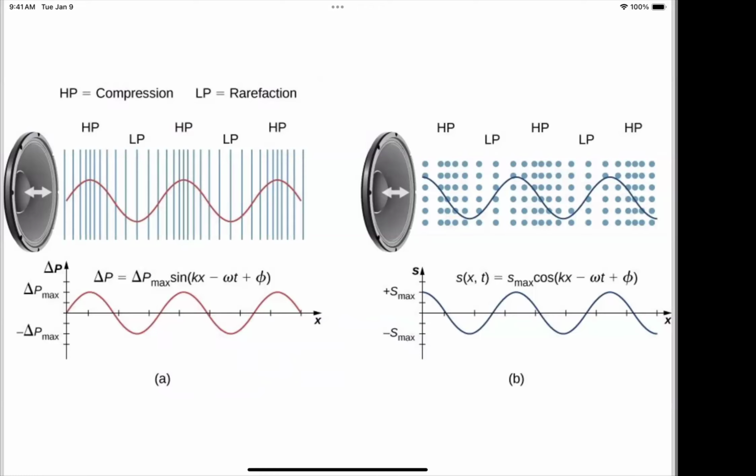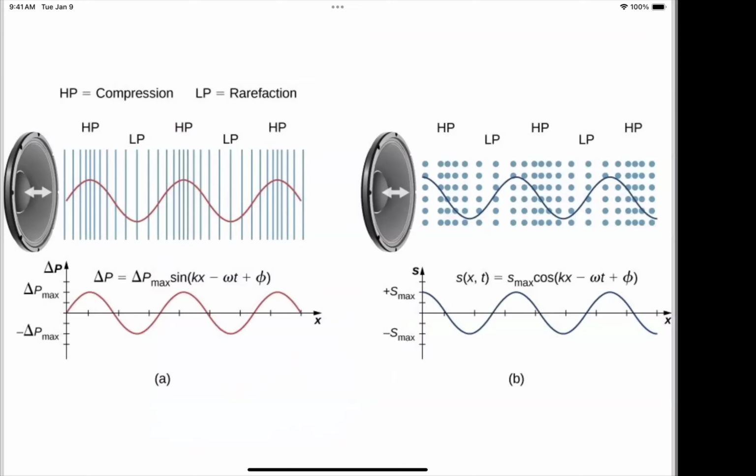So ultimately, what that means is each one of the two waves is described in exactly the same form, right? The wave number is still going to be the same. The angular frequency is going to be the same. The phase constant will be the same.